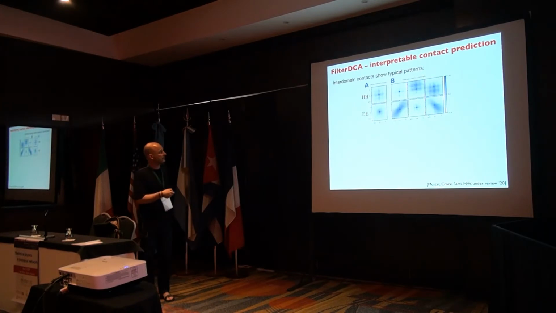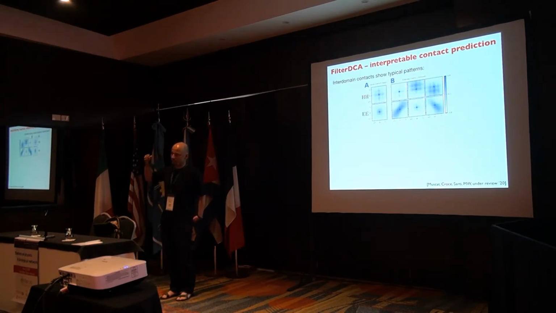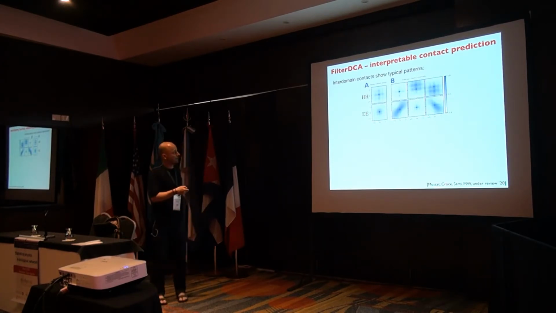And the idea is basically that the contact maps are not random patterns, but they show some very specific patterns. For instance, here we have beta sheets. You have some parallel and anti-parallel beta sheets. If you look at helix-helix contacts, you see some periodicity.